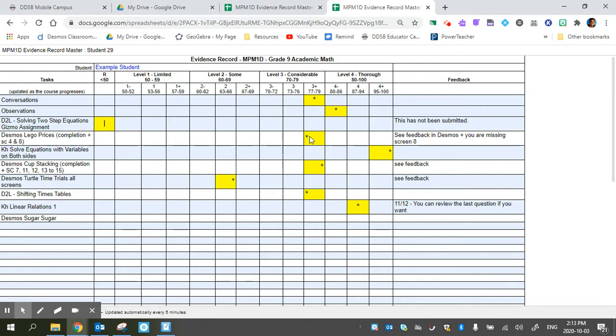What you will also see many times, not always, but many times, is you will see feedback related to these specific tasks. So in this case, the student is being given feedback that they can access in Desmos, and also they've been told that they are missing something in this activity. One important notice is this: many of these activities, the purpose of evaluation is to improve student achievement, amongst, of course, informing where the students are.